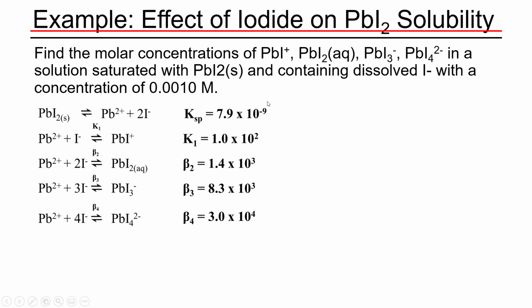So for instance, if we know our whole series of complex ion formation equilibria and have the beta values, we're in a position to rather easily answer an intimidating question like, what is the molar concentration of all the lead iodide complexes and complex ions in a saturated solution of PbI2 solid containing dissolved iodide with a concentration of 0.001 molar?